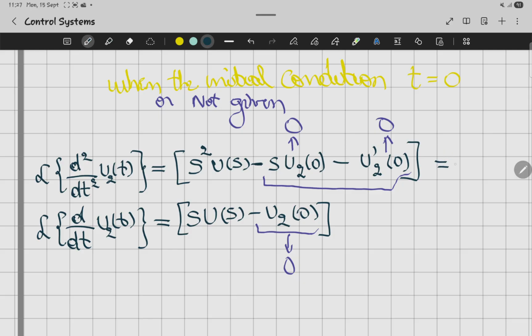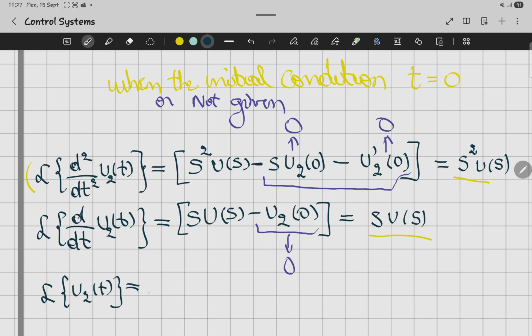Equal to s squared U(s). Okay, in most of the cases you're not going to get any initial condition, so when you apply your Laplace, you will get this one on the second derivative, this one on the first derivative, and we know already for this one I get just U2(s).